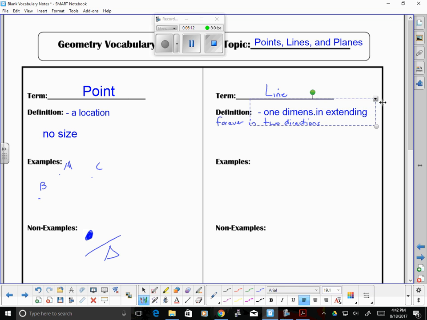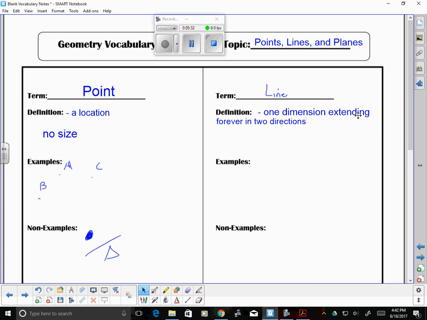One dimension, extending forever in two directions. All right, so how do we draw that?